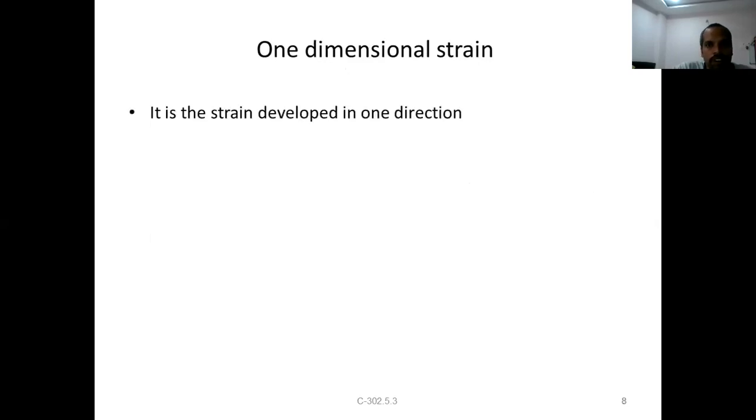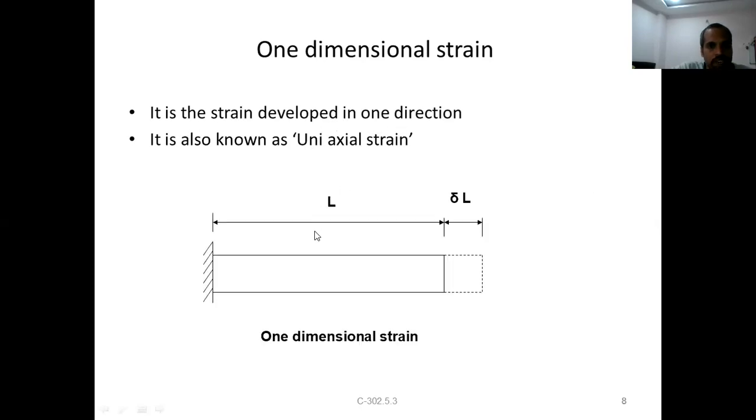First, one dimensional strain. It is the strain developed in one direction, also known as uniaxial strain. Uni means only one direction. For example, a very long member compared to its lateral dimensions, with tension applied to it, like wire ropes in electric poles.